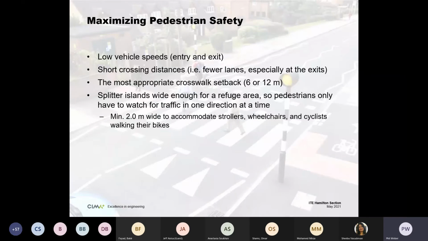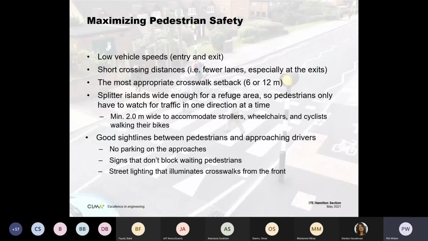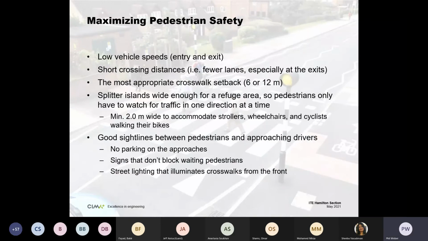And that's a minimum of 2 meters to accommodate strollers, wheelchairs, and cyclists walking their bikes. Good sight lines between pedestrians and approaching drivers, so that means no parking on the approaches, signs that don't block waiting pedestrians, and street lighting that illuminates crosswalks from the front. And finally, appropriate use of RFBs and pedestrian signals. So it doesn't necessarily mean everywhere, but it means at appropriate locations.